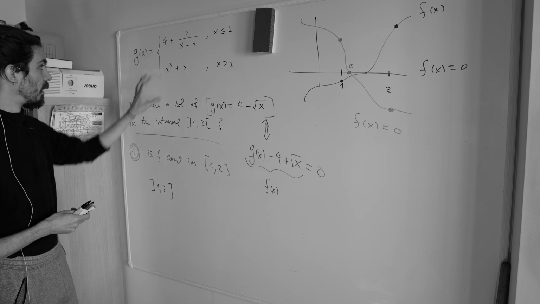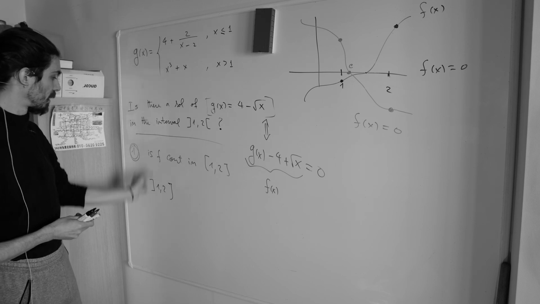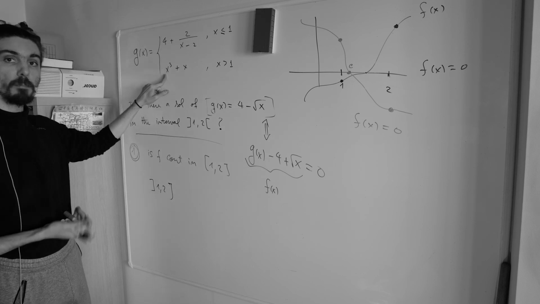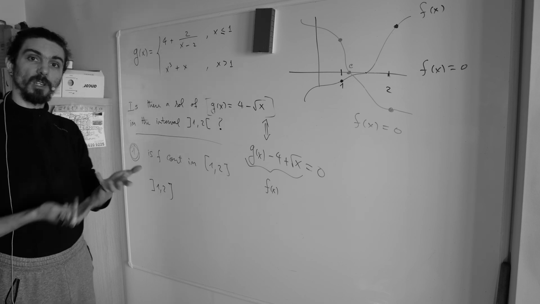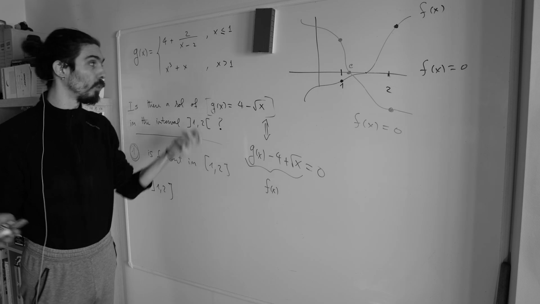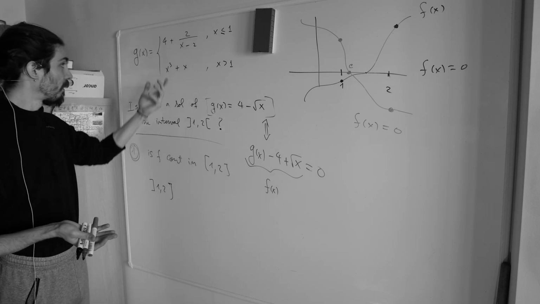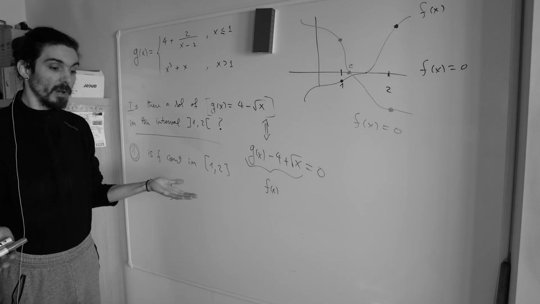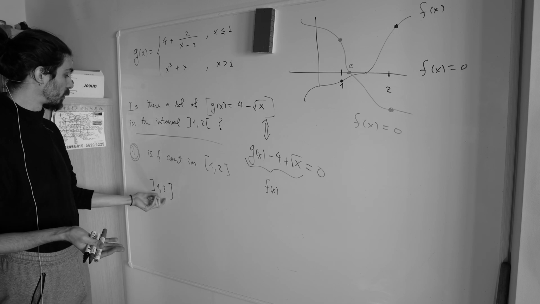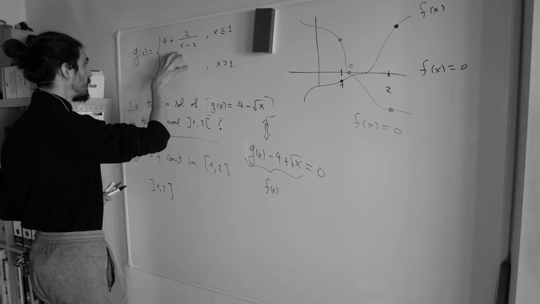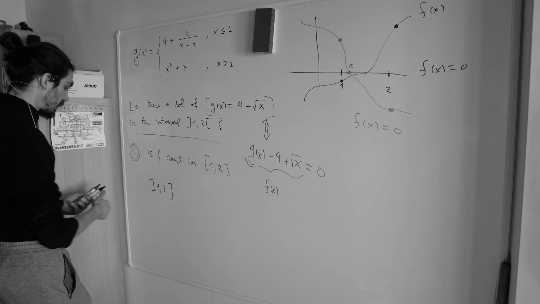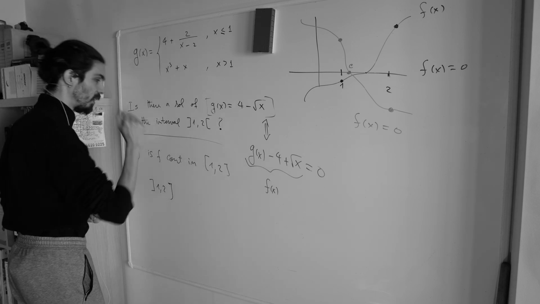So g of x is like this in this interval, but this is just a polynomial, and any polynomial is continuous in its entire domain, which in this case is R. If it's continuous for every real, then it's continuous in this interval. Okay? So indeed, g of x is continuous on the open interval, but is it continuous on the closed one?